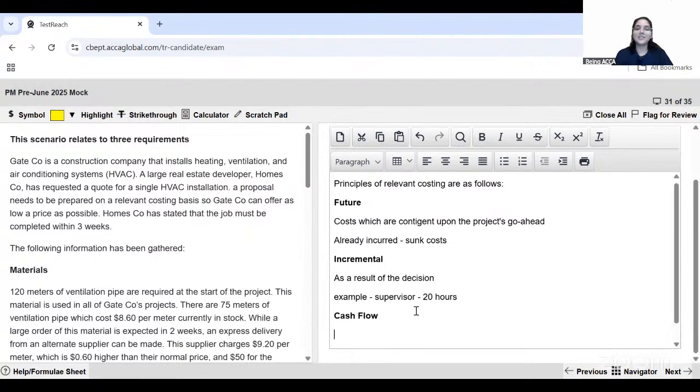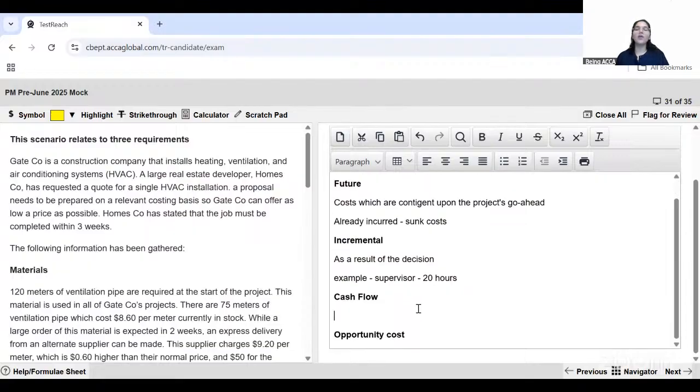Next that we have is a cash flow cost. So any cost will only be considered relevant if it involves actual flow of cash. Any non-cash items like depreciation, these are nothing but your accounting policies.